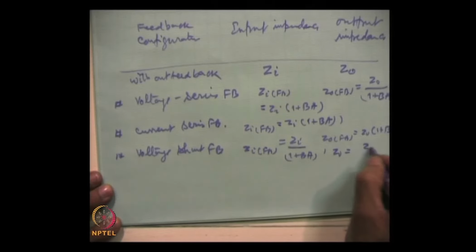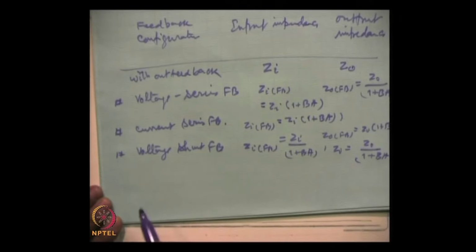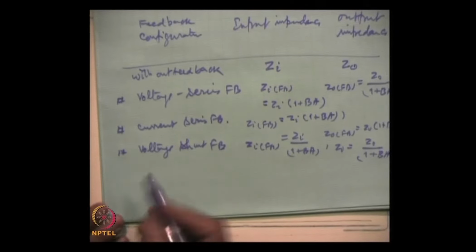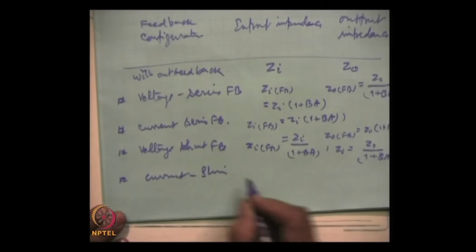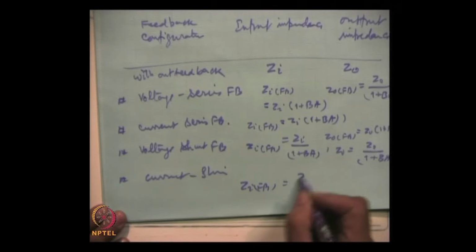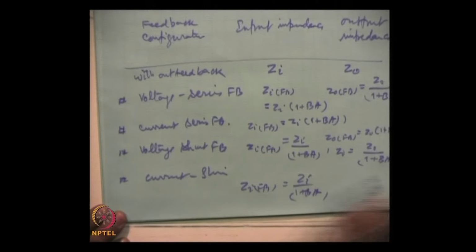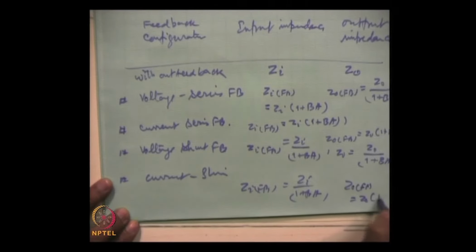So, all kinds of combinations are there, and finally and lastly, this is current shunt, where Z I F B is reduced, Z I by 1 plus B A, and Z 0 F B is increased, Z 0 into 1 plus B A. This is how the impedance levels are modified by the incorporation of negative feedback.